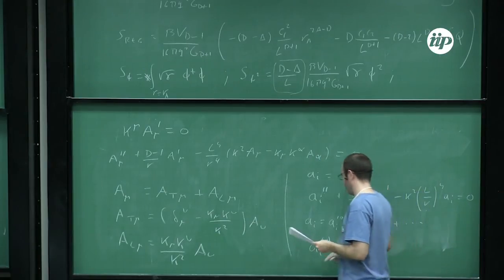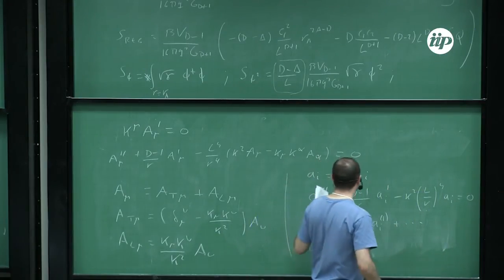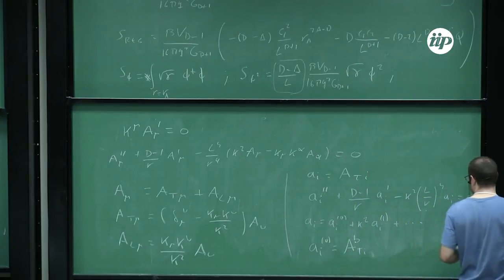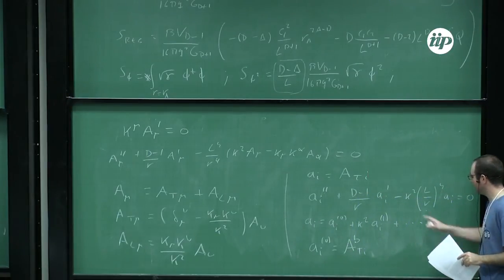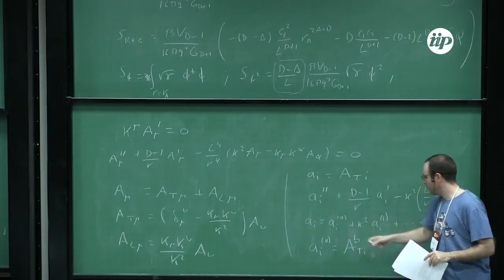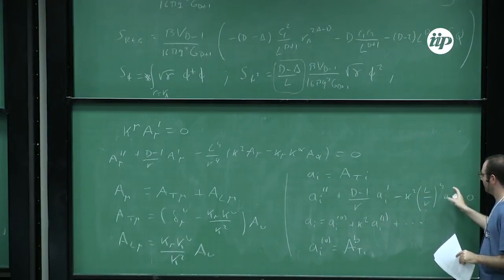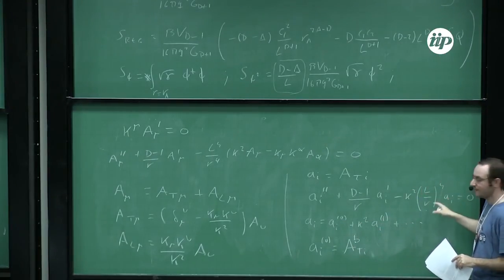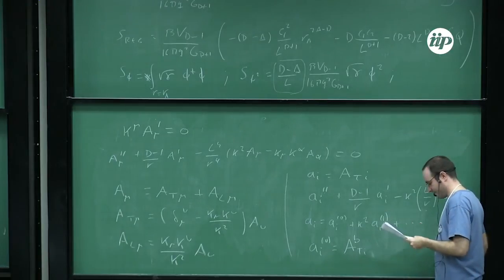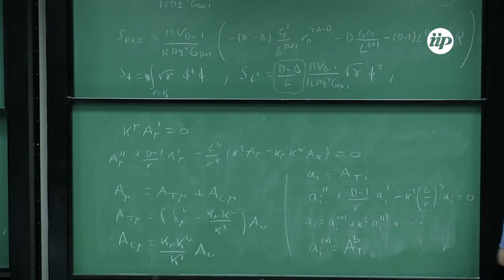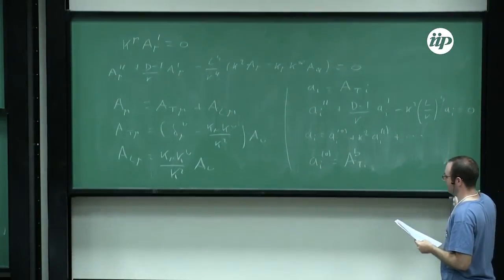Now, at the next order, k squared, you have this term. But this term is multiplying the 0th order term. So this is an inhomogeneous term in this equation for A1. And it's just a constant, so you can just solve for it very easily.